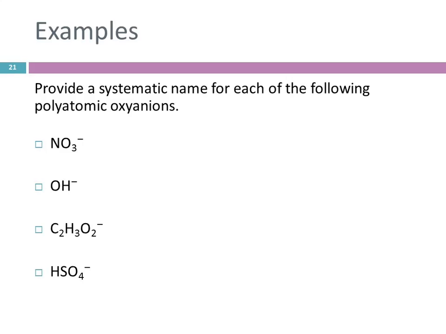Provide a systematic name for each of the following polyatomic oxyanions. When you're first starting out, the way you're going to do this is you're going to go look at the table. And then later, you should be able to do these from memory. So NO3 minus, any guesses? Nitrate ion. How about OH minus?